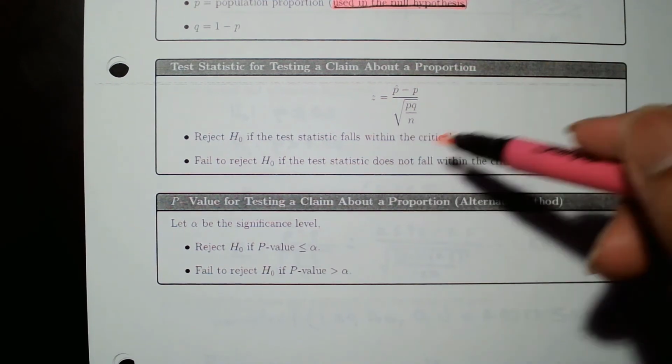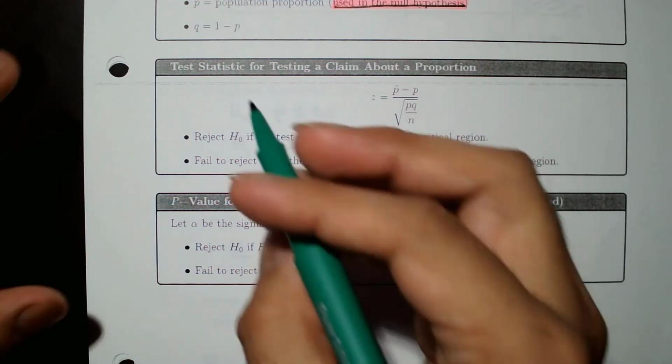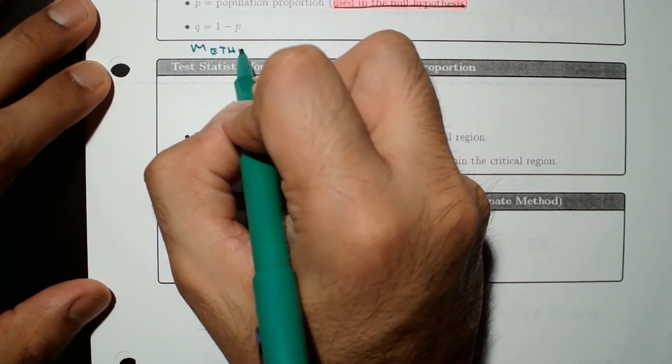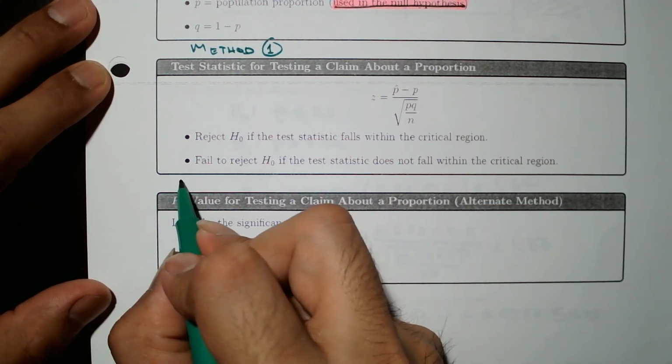It's going to be kind of an ugly looking formula, but in practice, it's only the calculator that we are going to be using mostly. And well, this is method 1, and method 2 using the p-value.